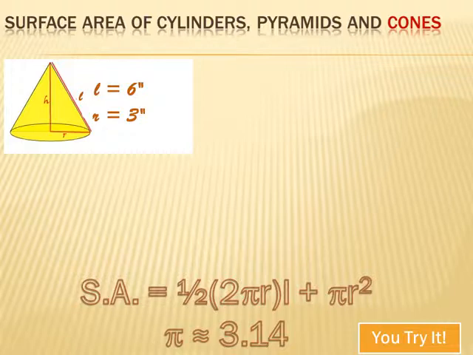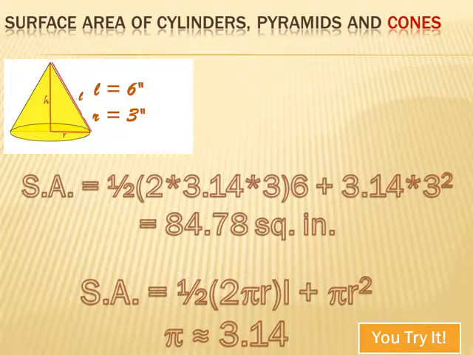Now it's pretty simple. All we got to do is plug in the numbers that are given us into the formula and do the math, and we'll come up with the answer. Surface area equals 1/2 times 2 times pi, 3.14, times the radius, 3, times the lateral height, 6, plus the area of the round base, 3.14 times the radius, 3 squared.